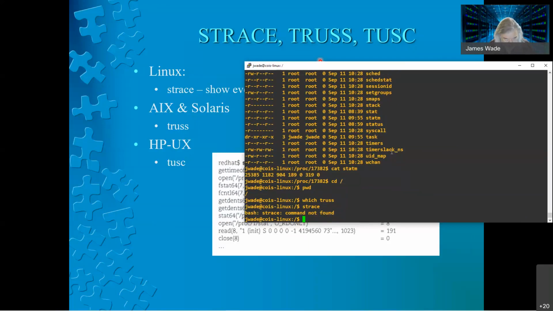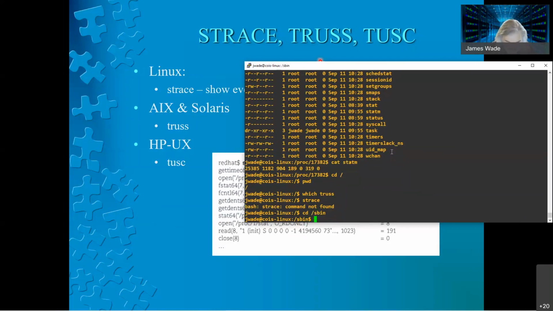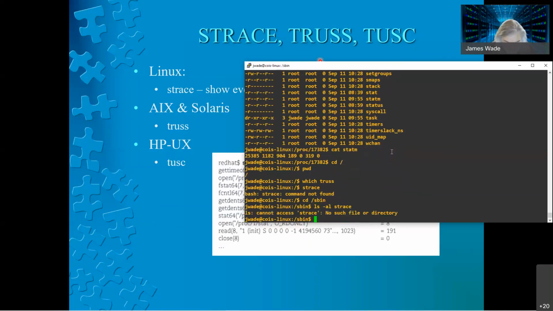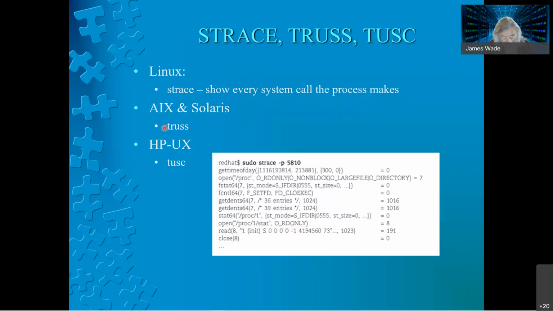So let's see. How about sbin? Nope. Okay. So we can use strace, truss, and TUSC. Here, look, I'm running strace -p on a process, and it's basically doing a trace.